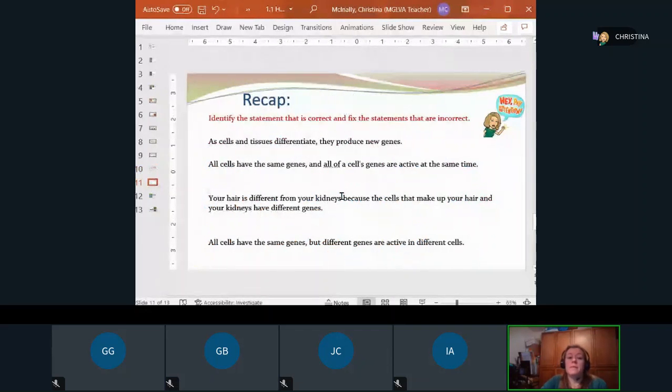So on this page, we're going to identify the statement that's correct. They're not all correct. And we're going to fix the statements that are incorrect. So let's just read through and figure out which of these are correct. There's only one that's true. Does anybody want to volunteer to read the first one for us?